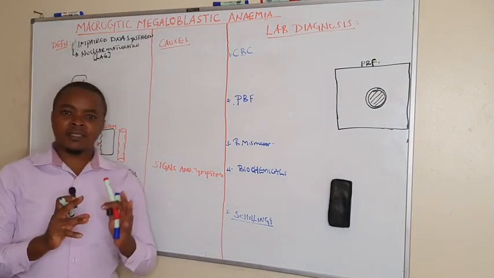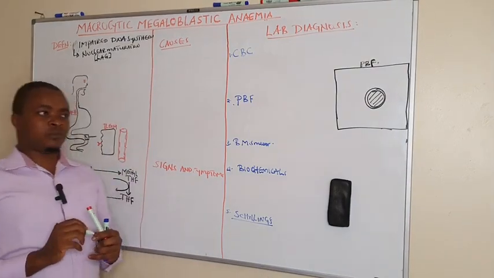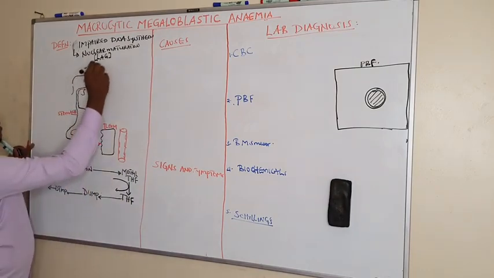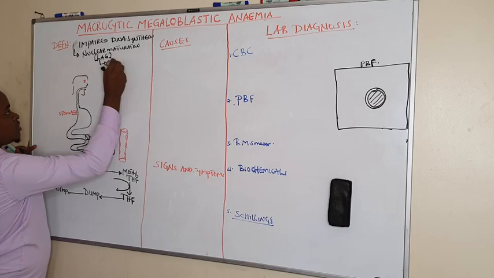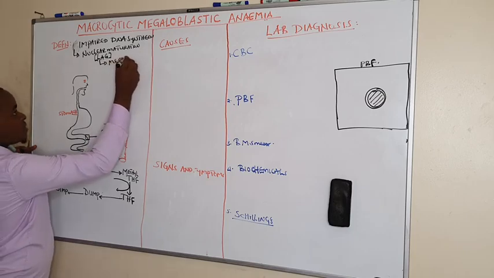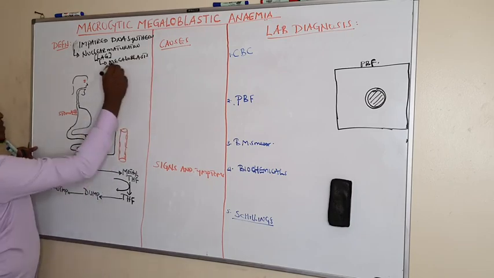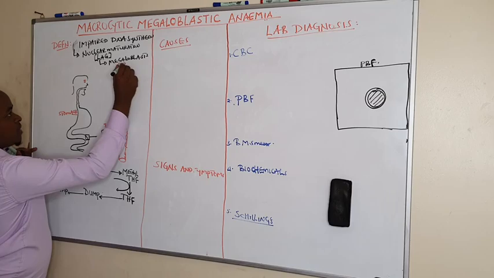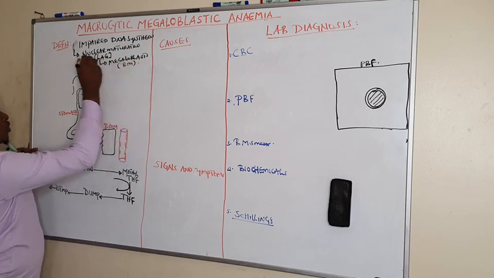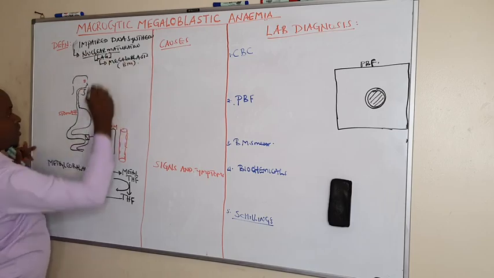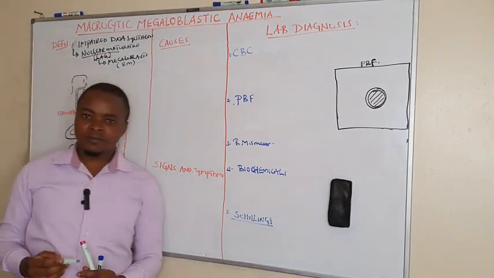That asynchronous maturation is what brings about megaloblasts. This results in megaloblasts in the bone marrow. So we find the megaloblasts instead of normoblasts in the bone marrow due to impaired nuclear maturation and cell division.